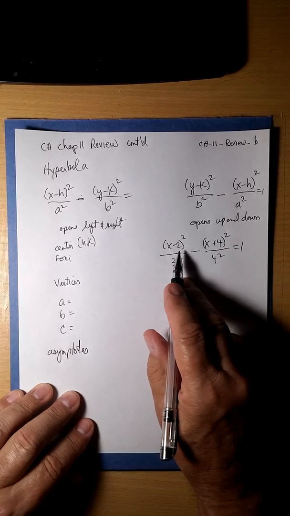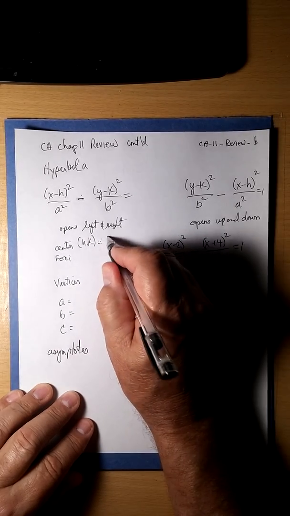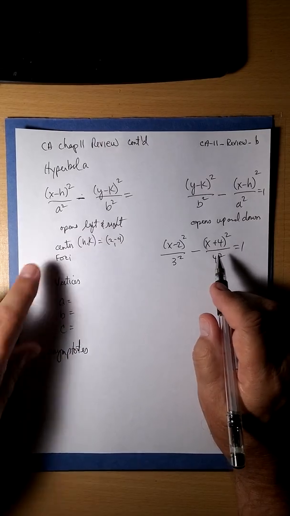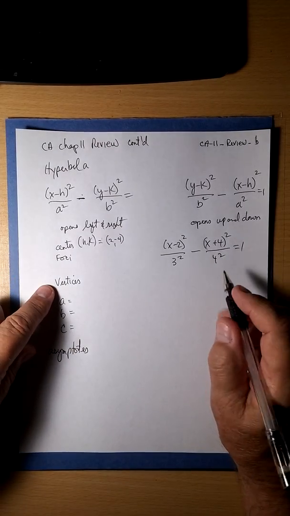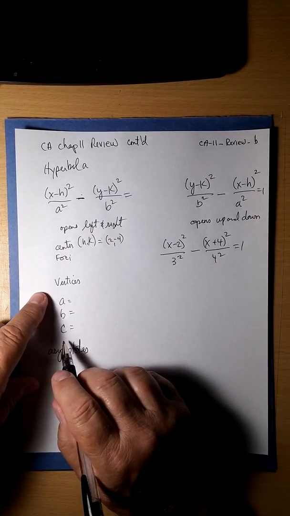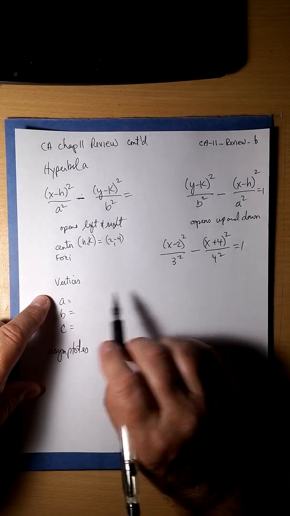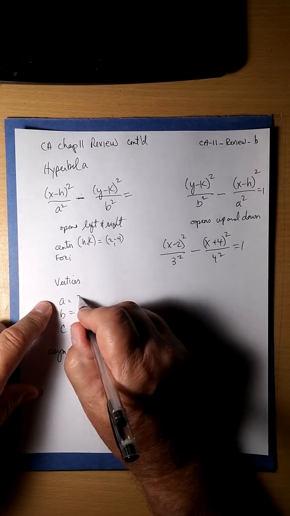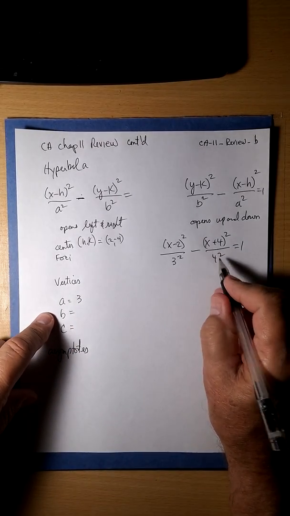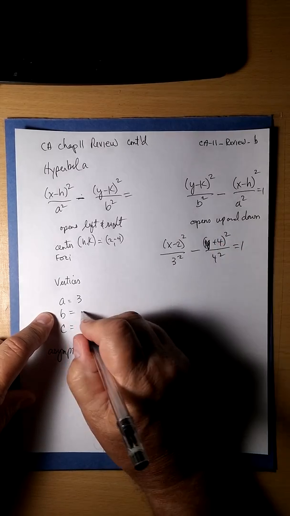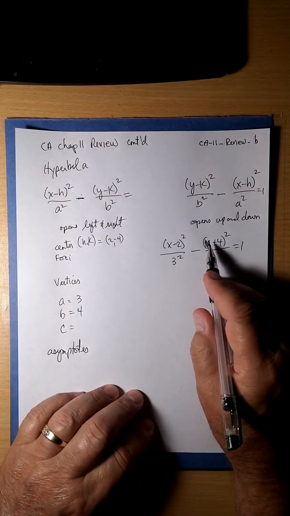That is 2, negative 4. The foci we'll get later once we know what c is. The vertices we'll get later once we grab that value of c also and have it graphed. But a, underneath the x, is 3. b, underneath the y, is 4. Sorry, that should have been y plus 4.